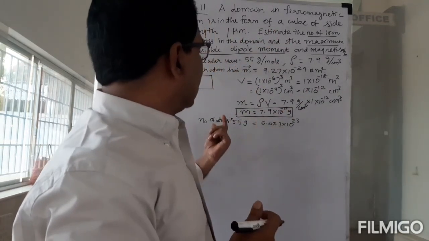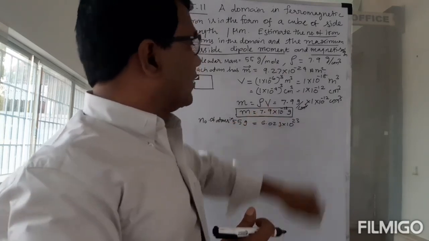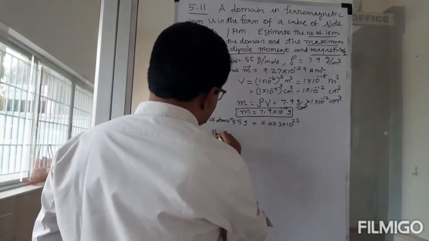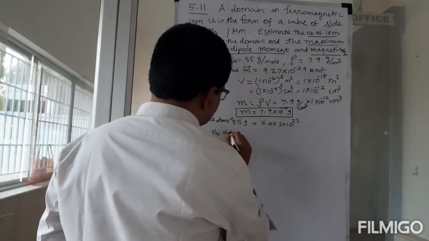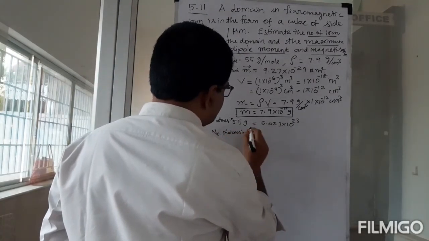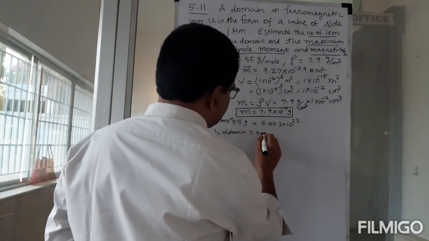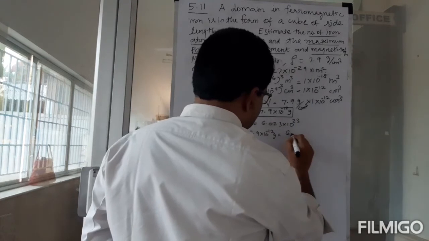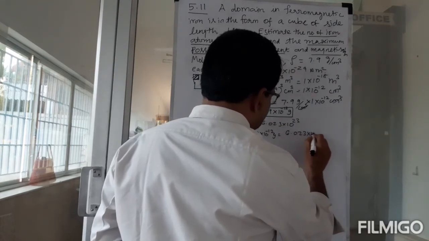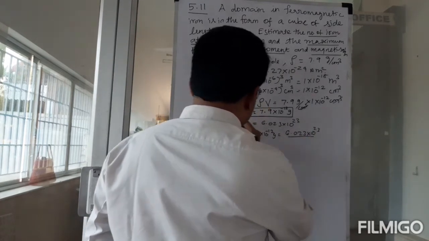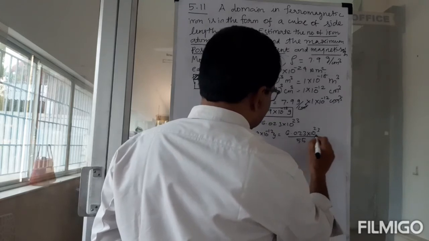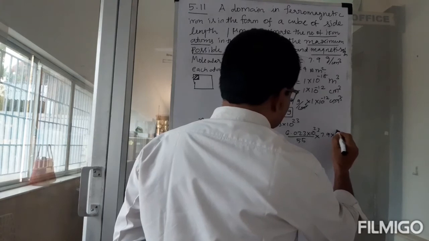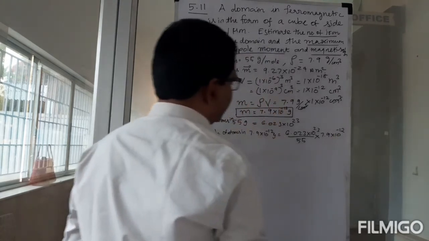And how many atoms are there in 7.9 into 10 power minus 12 grams? So you can say the number of atoms in 7.9 into 10 power minus 12 gram is equal to 6.023 into 10 power 23 divided by 55 multiplied by 7.9 into 10 power minus 12.